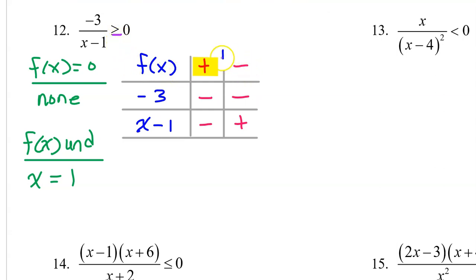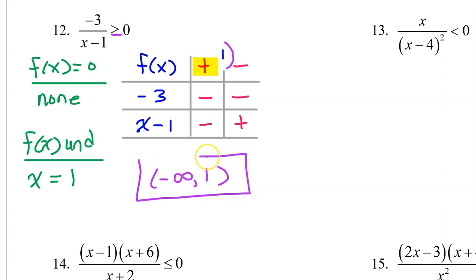But this number 1 is not such a place because f of x is actually undefined here. So you will never include an undefined value in the solution. We will show that 1 is not included by using a parenthesis. So this interval goes from negative infinity to 1. So this is the solution in interval notation.